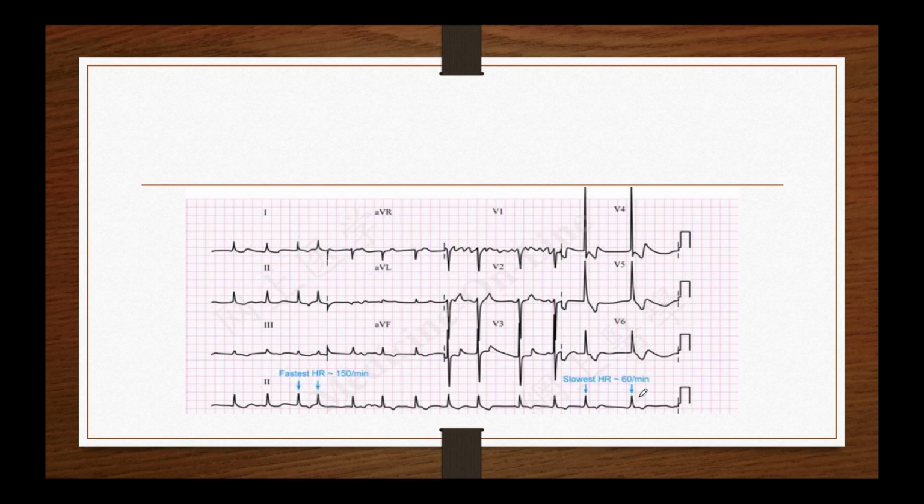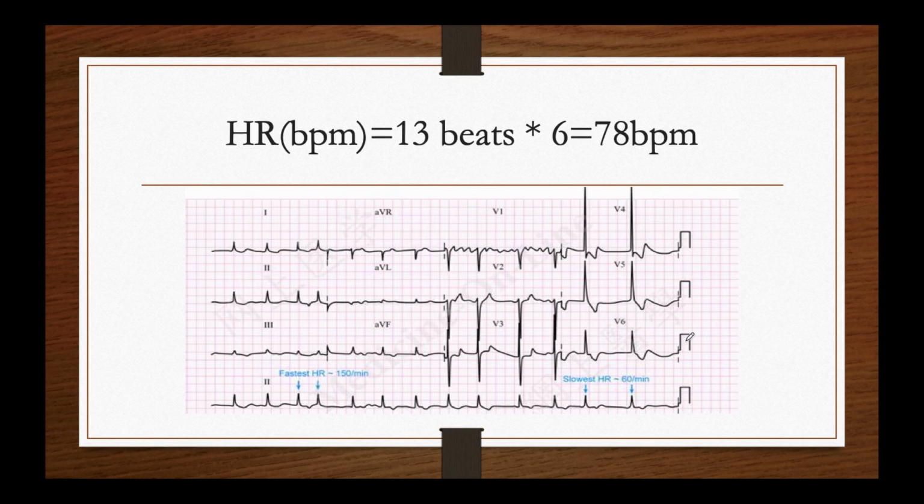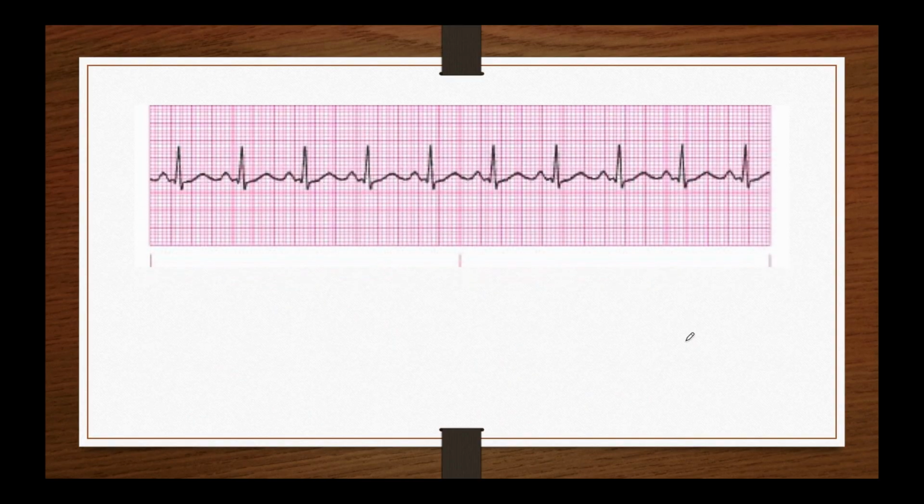So we have 13 QRS complexes which appear throughout the 10-second strip. And so we multiply the 13 by 6 to give us 78 beats per minute as the heart rate in an irregular rhythm.